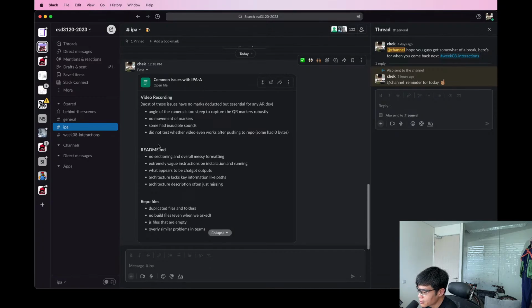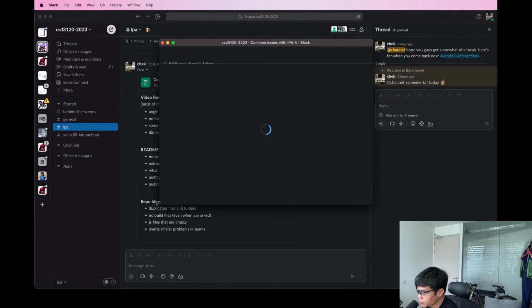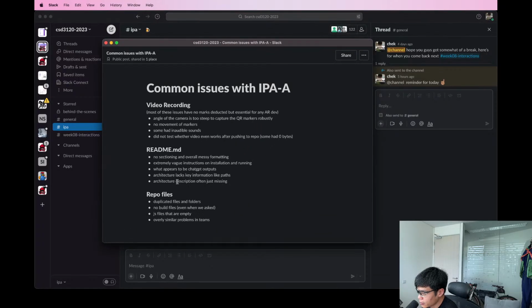This is just a quick consolidation of some things I noticed before we start the interaction lesson. I'm always wary that my share screen has issues, because recently every time OBS updates, something may go wrong.